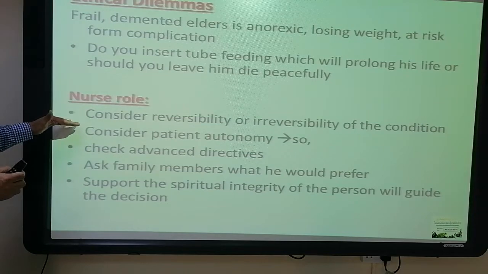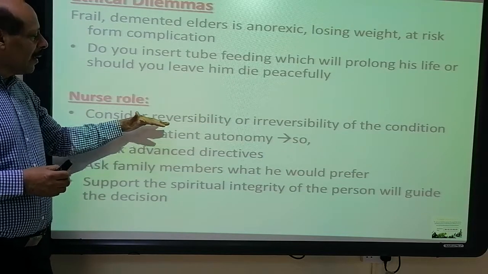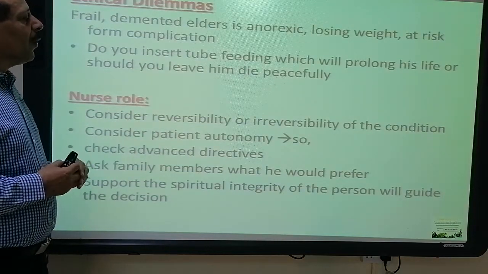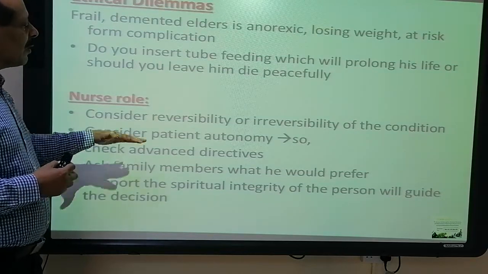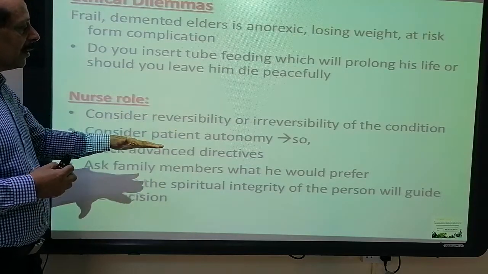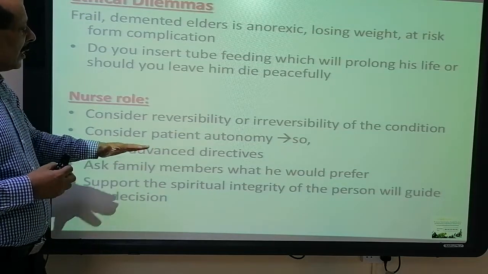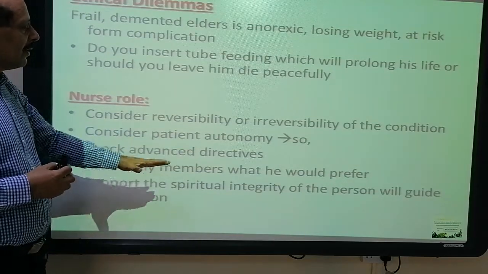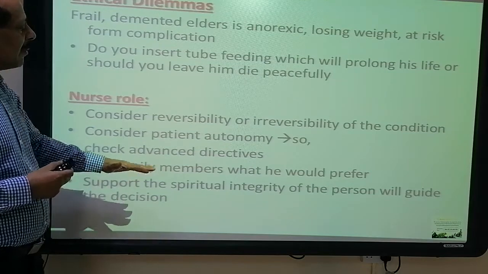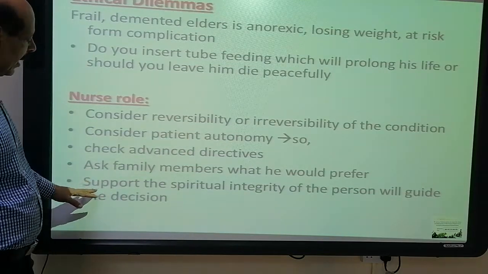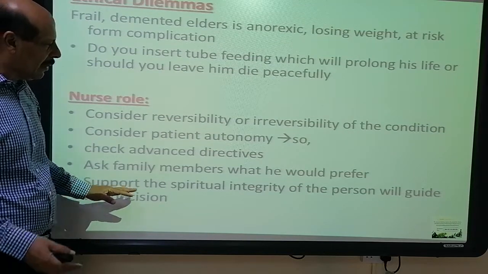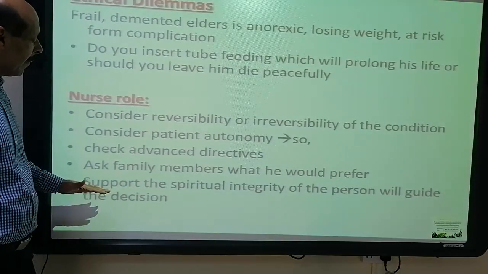The nursing role: consider the reversibility or irreversibility of the condition. Consider also the patient's autonomy. Check the advance directive and ask the family member what they would prefer for their grandfather or their family member.